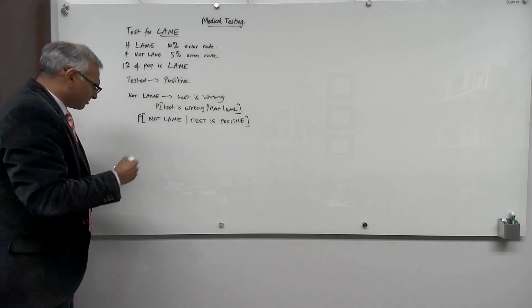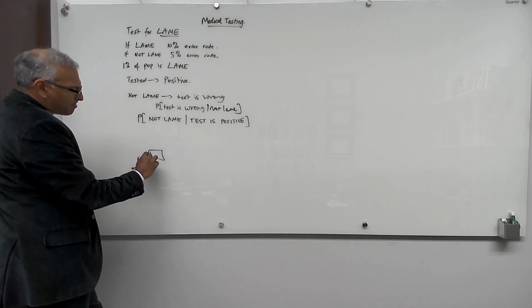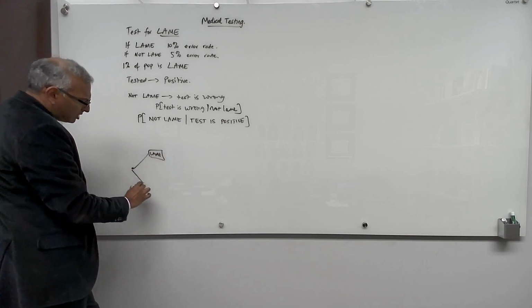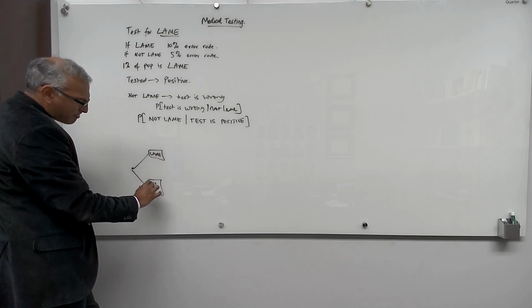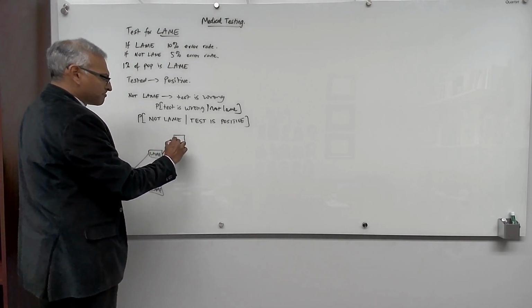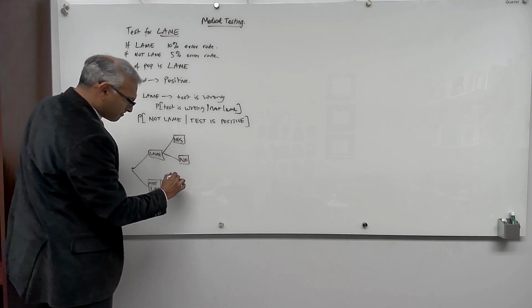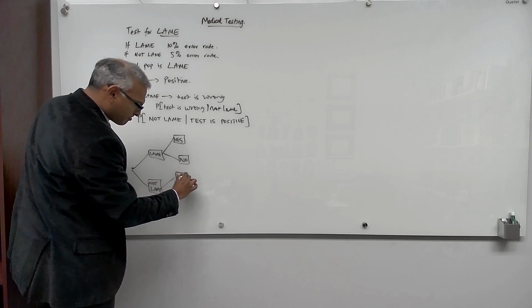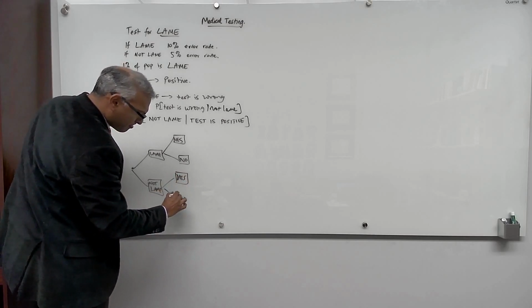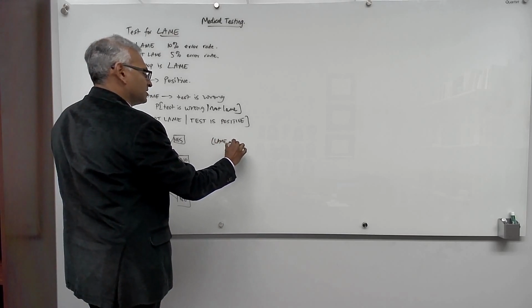So let's do the experiment. The experiment starts with you. You can either be lame, or you can be not lame. Now you're going to get the test. In either case, the test can either say yes or no. In this case, you're lame, and the test said yes.